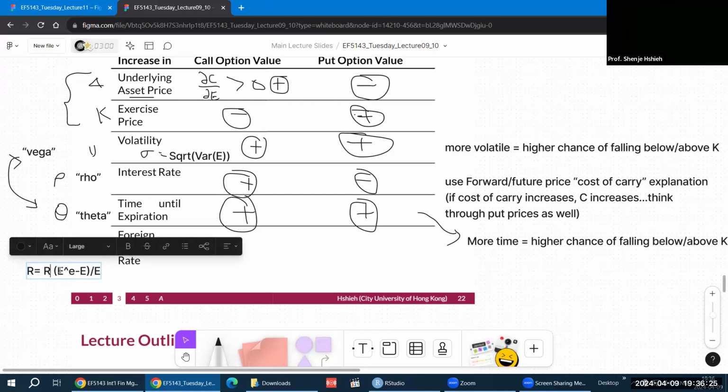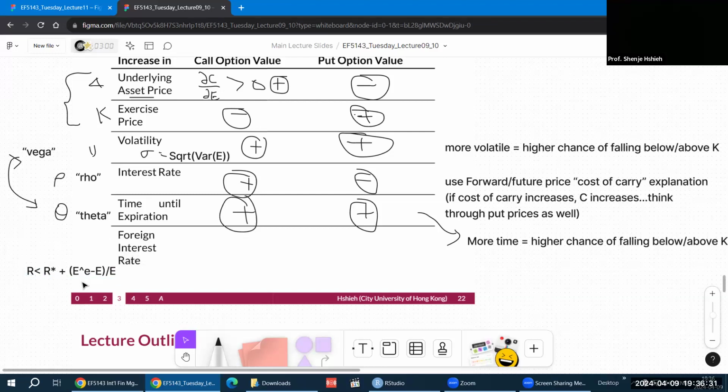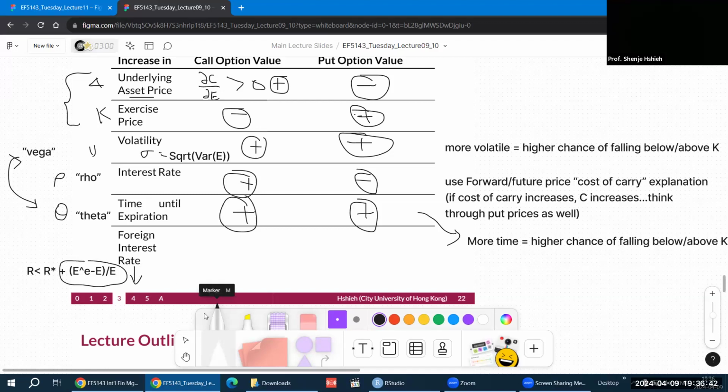So I'll write it this way. Okay. So if it's like this, then something on the right hand side has to move. This term has to be lower, right? Somehow, if R star is higher, right?